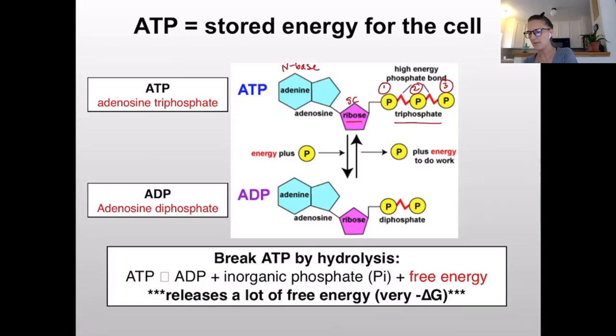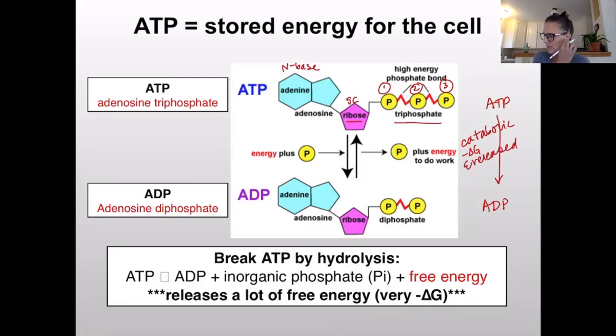When ATP gets broken down, so when ATP gets hydrolyzed into ADP, that is going to be a breakdown, right? So that is going to be catabolic, right? You are going to get a negative delta G, and in this case, it's a really negative delta G, and we're going to see energy released, right? So when we break down ATP, it's called ATP hydrolysis.